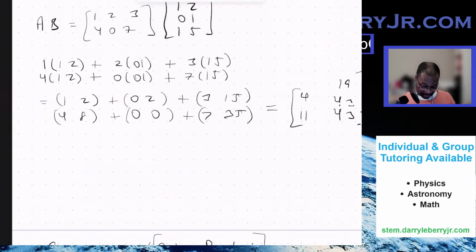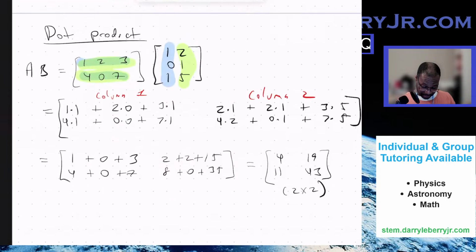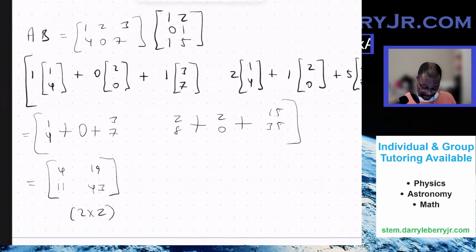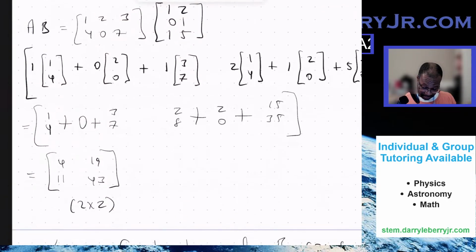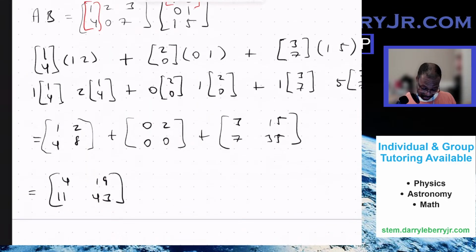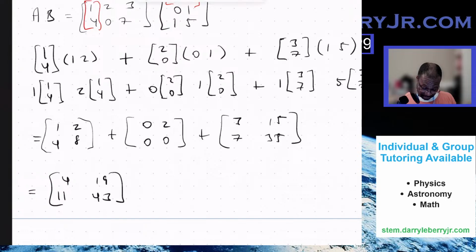So that's actually pretty similar to the linear combination method, just there's an extra step in the middle. You end up pretty much doing the same thing.